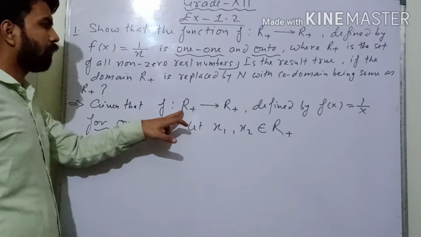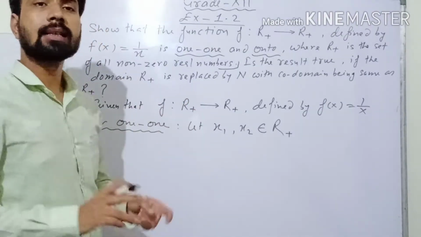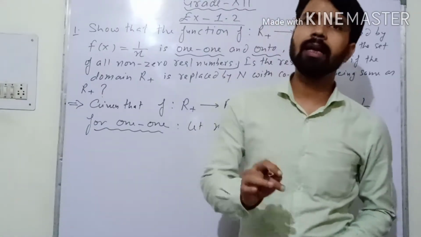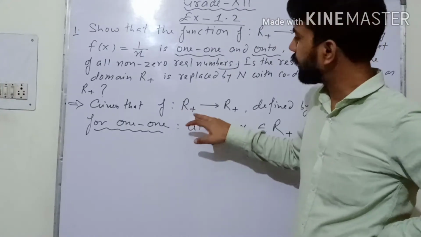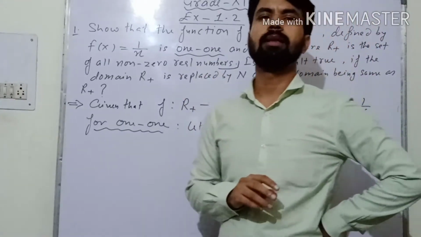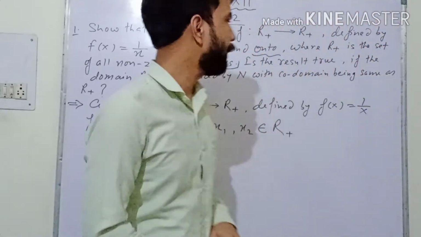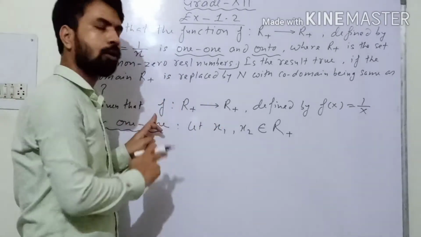Students, you know what is R positive? R is a set of all real numbers. But here R positive is given. That means it is all positive real numbers. R positive means positive real numbers. So here the given function is defined from R positive to R positive.